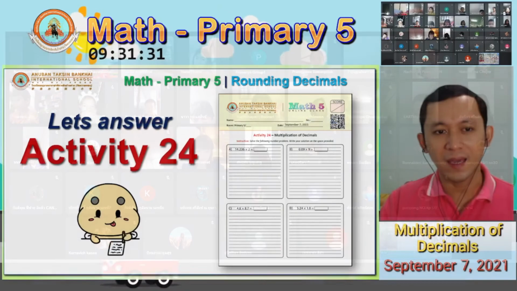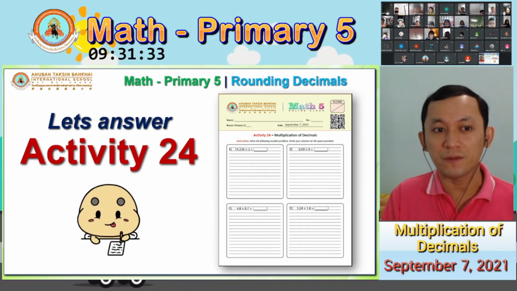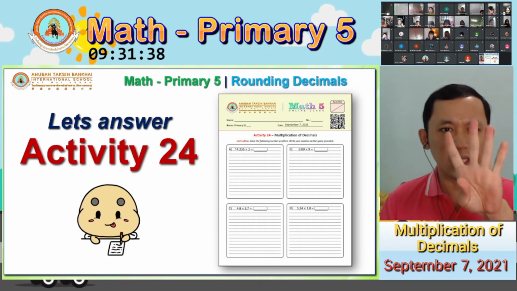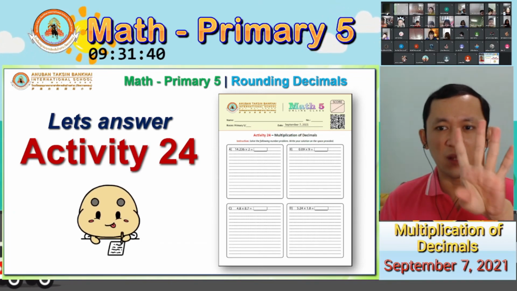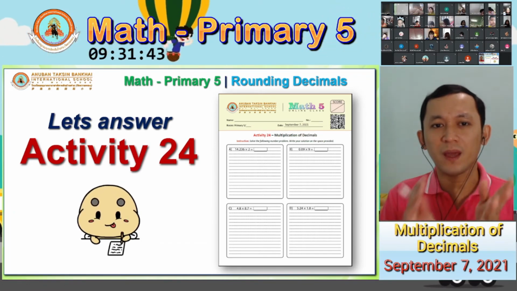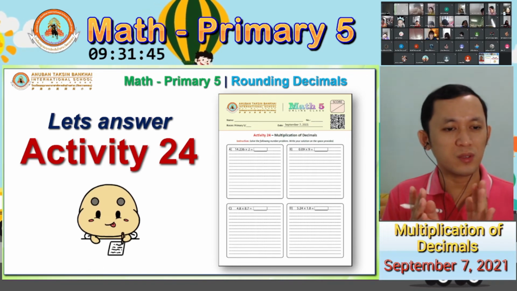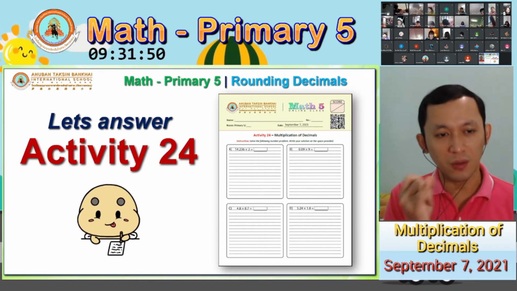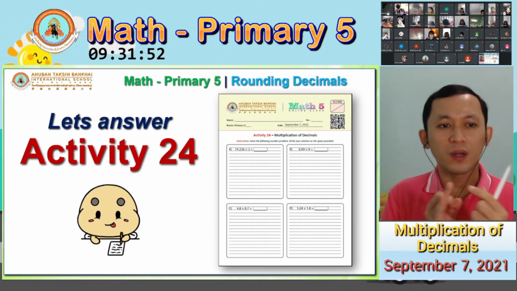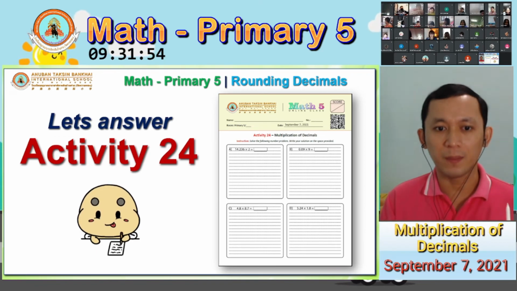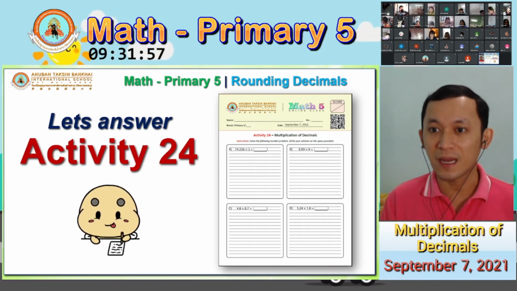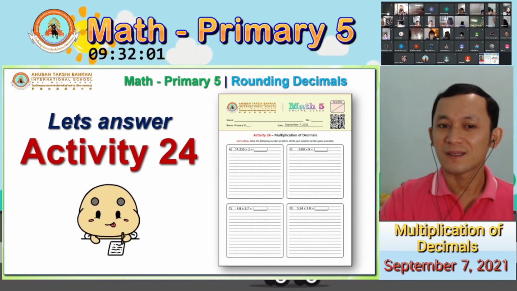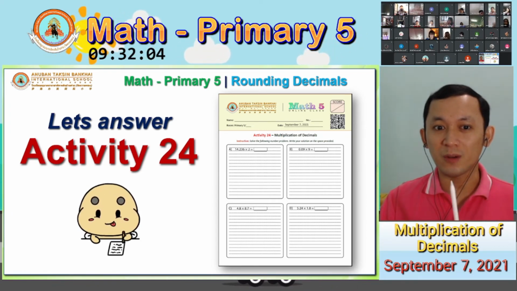Okay, so again, activity number 24. Easy, right? Very, very easy. Only 4 items. Teacher, which method are we going to use? Up to you. If you want to use method 1, okay, that's the same. If you want to use method 2, no problem. Did you understand?